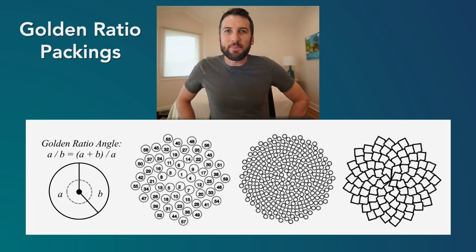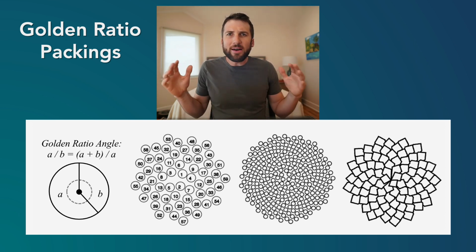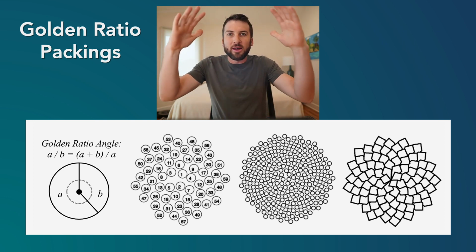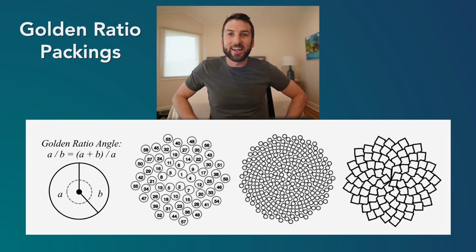Another really interesting type of circular packing that relates to the golden ratio is working to get as many circles together around a center point as possible. When you have a large number of circles, the optimal arrangement to have all the circles around a center point in a circular format uses the golden ratio.